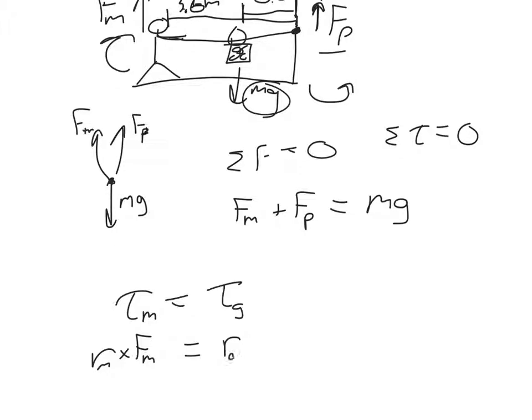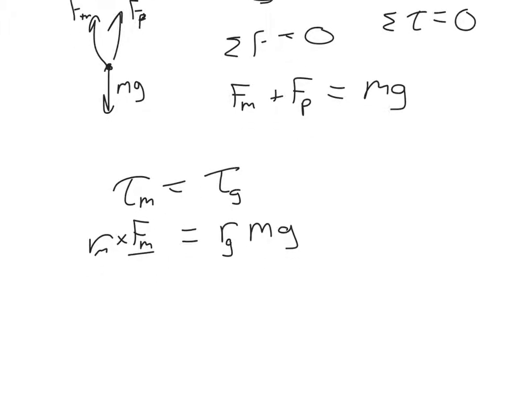So I'll just put the radius of where gravity acts times gravity's force, which is just mg. And we're looking for the man's force, so I'm going to go ahead and solve this equation for F, and I will get the man's force should be equal to the radius at which gravity acts times mg divided by the radius at which he acts.